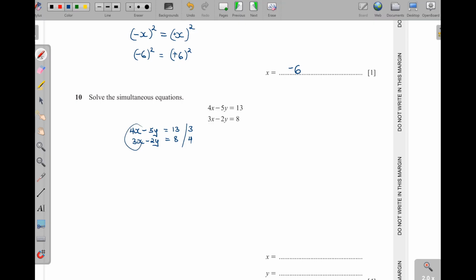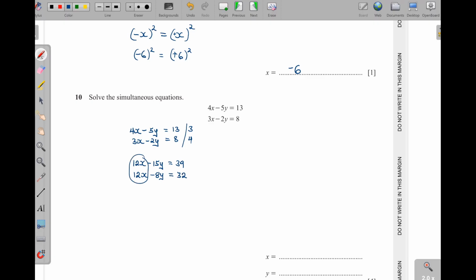Such that I have the same coefficient of x here that I can subtract, and then the x disappears, then I remain with y. So 3 times the whole of that equation, we shall get 12x minus 15y, which is equal to 39. Then 4 times 3, that will be 12x again, then minus 8y, then this one is equal to 32.